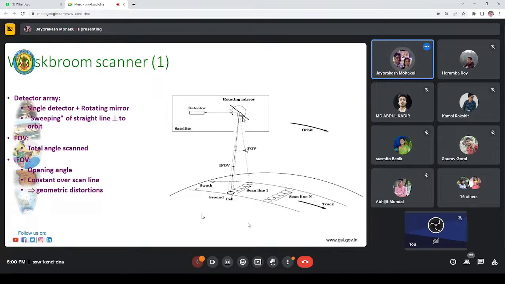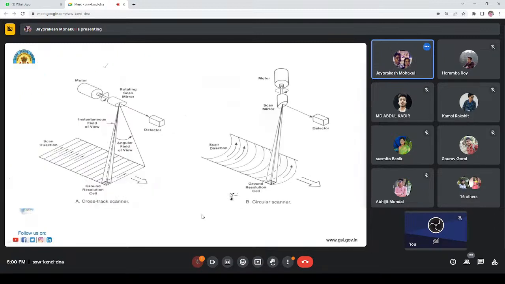The instantaneous field of view is basically when the detector looks at one ground cell, right? So you have a ground cell, a rotating scan mirror, a motor which rotates, and then a detector.